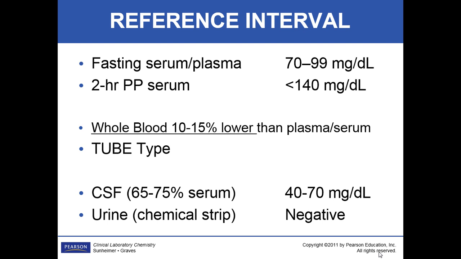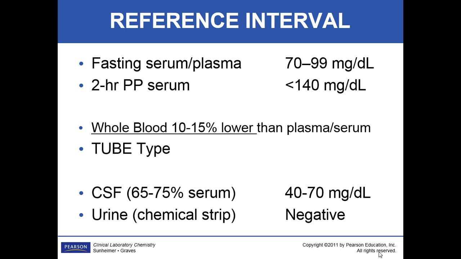Now, somebody mentioned whole blood. We used to do a lot of testing on whole blood. The glucose meters that you guys operated, those are to be performed on a drop of whole blood. Think about what whole blood is compared to the serum or plasma. Those blood cells are displacing some of the serum. So essentially it's diluting out the volume.